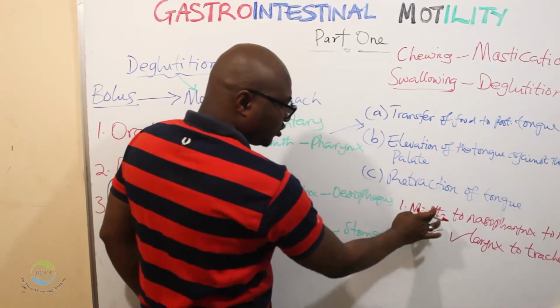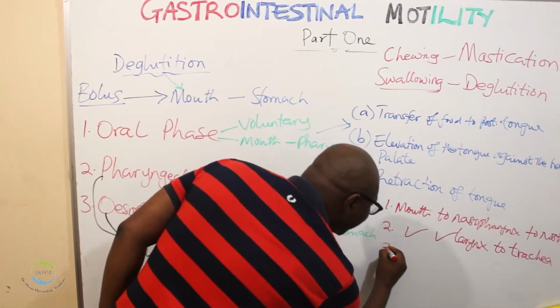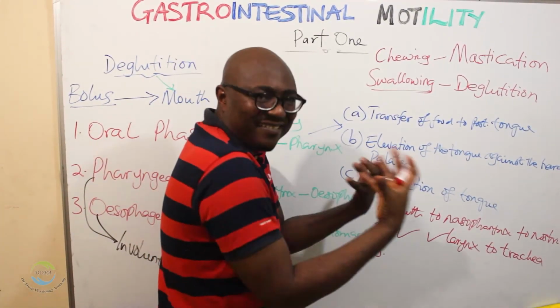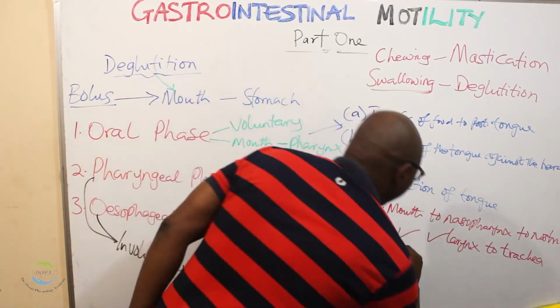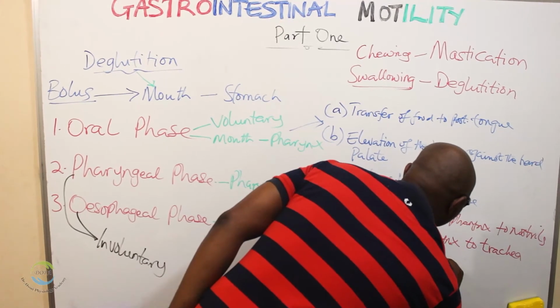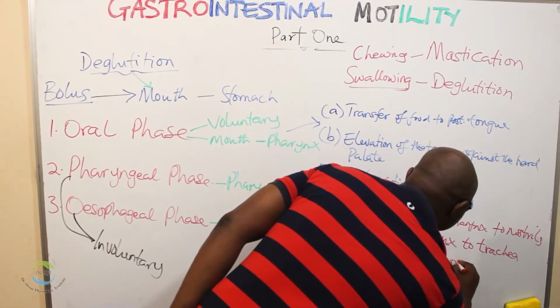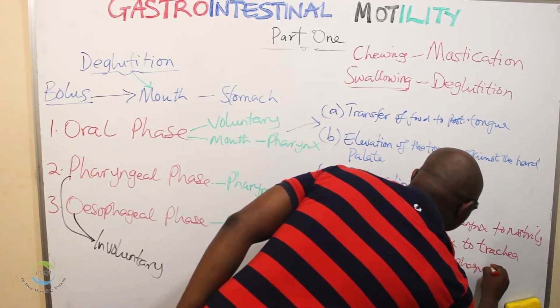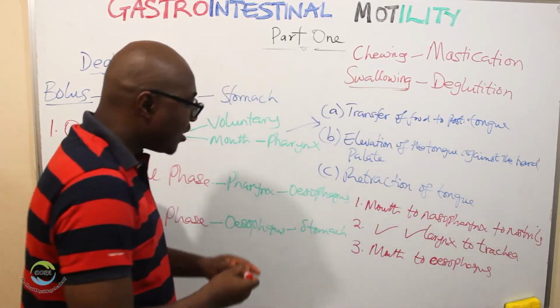Then the third part, which is the desirable route, is from mouth to esophagus. So this is where we want it to go.